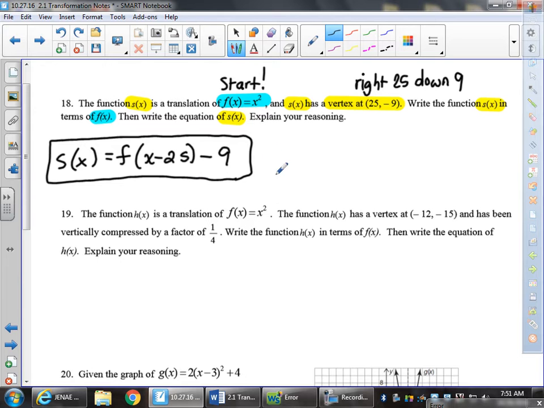Can you give me a function that demonstrates right 25 and down 9 in vertex form? X minus 25 squared minus 9.